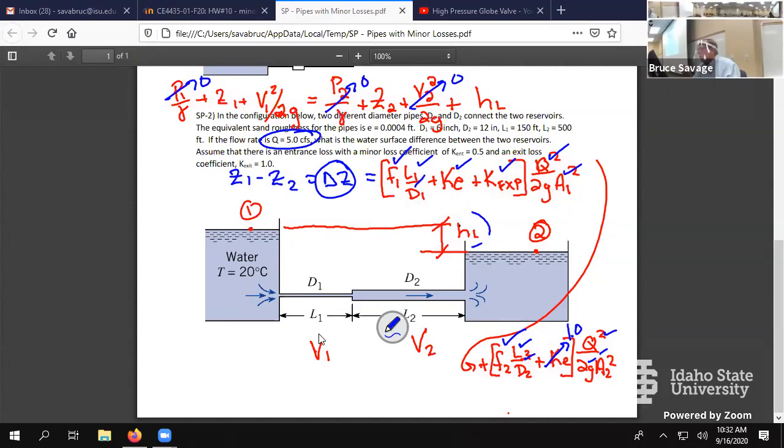Now, the reason why I put this in terms of Q is because if I would have used velocities here, then I would have had two unknowns, right? I would have velocity 1 and velocity 2. But by going to a flow rate and incorporating the conservation of mass continuity equation, I can eliminate V1 and V2 and bring that back to one flow rate Q.